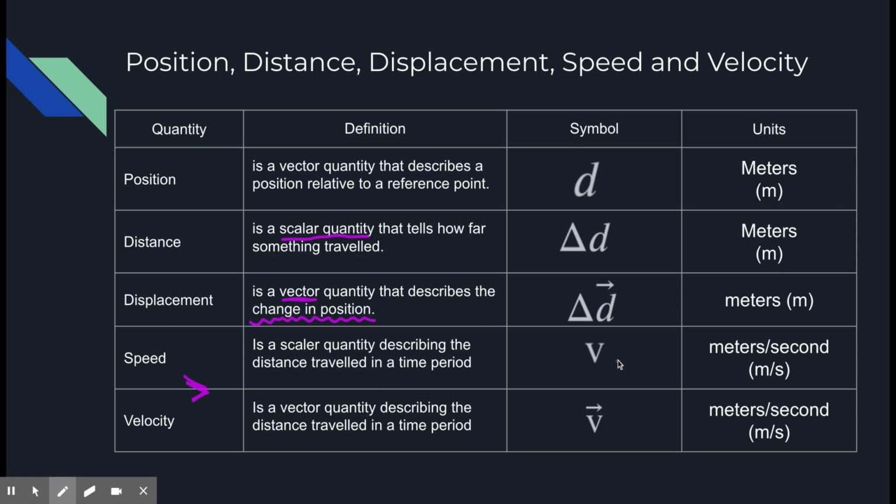Speed is a scalar, no direction. It describes the distance traveled in a certain time period. Velocity, still distance traveled in a time period, but it's a vector, so therefore it has direction, and that's indicated by the arrow on top. Notice units are the same. We almost always deal with meters per second for most of our physics calculations.